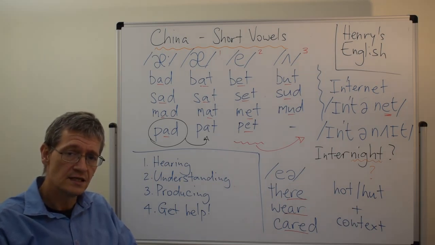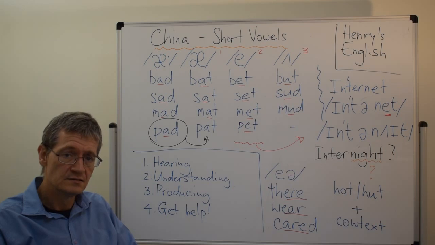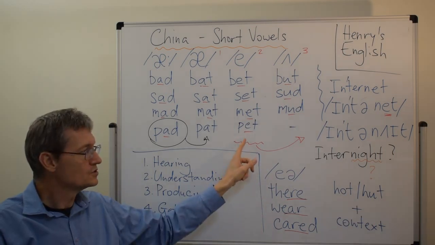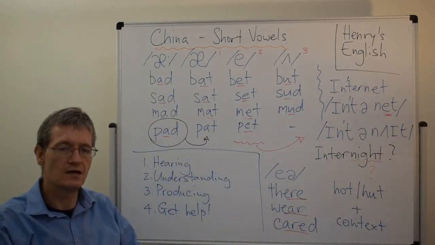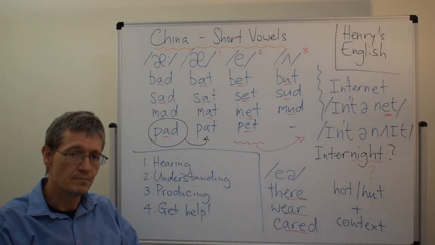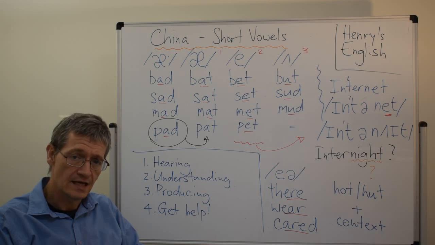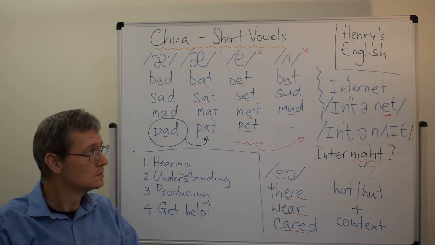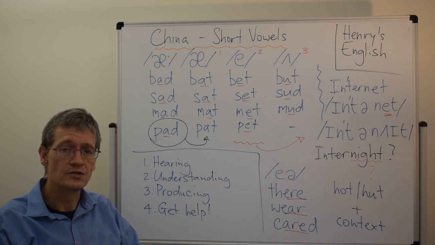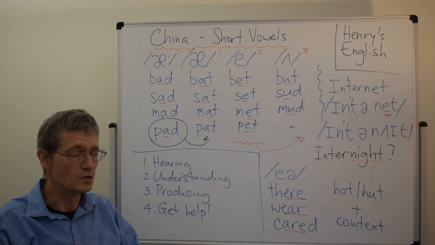Nate, net, nate, net. Very short sound, net. The students that are making this mistake are actually saying that syllable for too long. Net is correct. Nate is wrong.